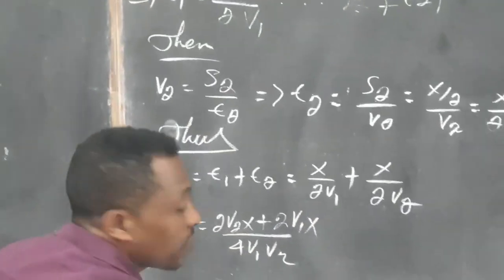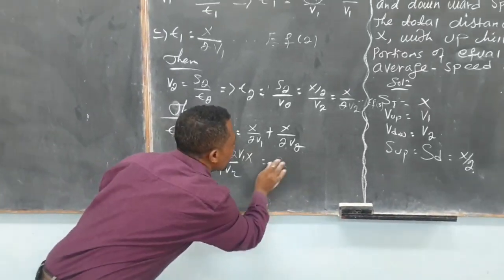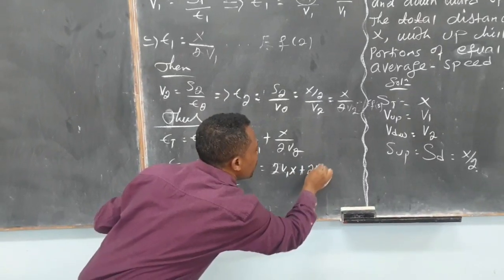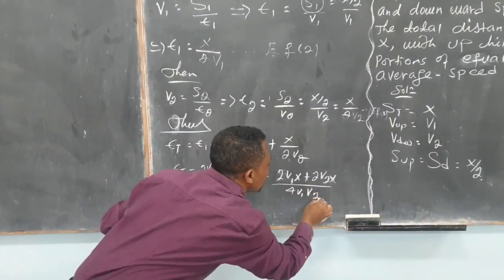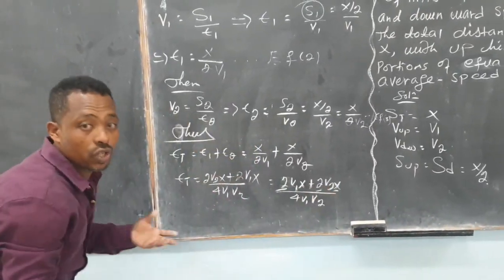Since addition is commutative, this is equivalent to twice v1x plus twice v2x over 4v1v2. Look here, 2x is common.